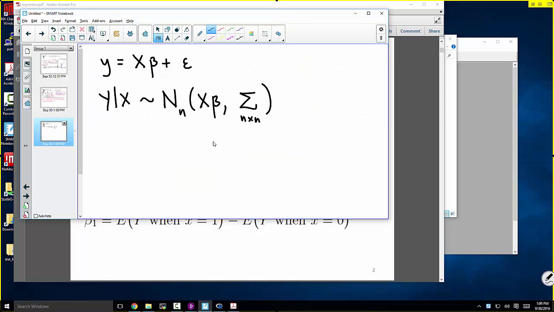So if we're going to think about a capital Sigma covariance matrix, it would equal a variance for individual 1, a variance for individual 2, through individual n. And then in the off diagonals, we would have a covariance between individual 1 and individual 2, and every other paired covariance.